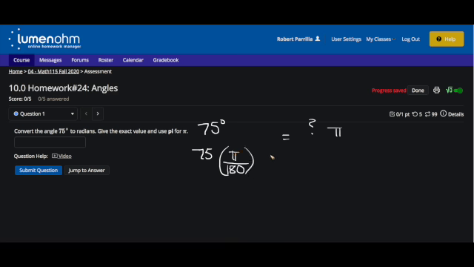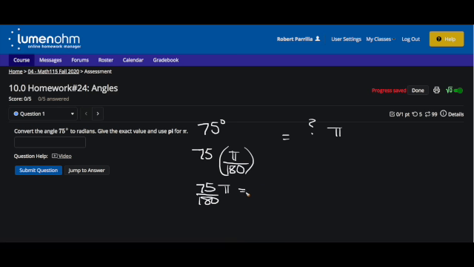Now, if I do that, I'm going to move these together so that they can work with each other. 75 over 180 times pi. And now I need to reduce. I have to think about what number will go into 75 and 180 at the same time. My first guess would be 5.